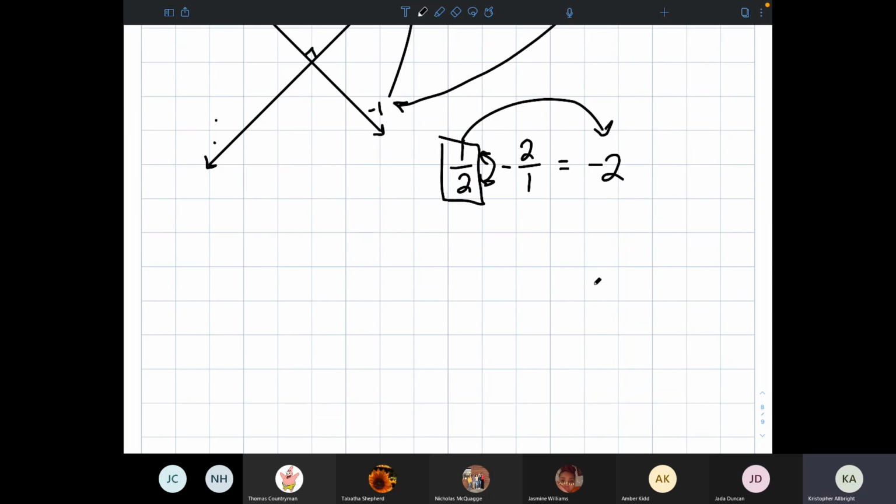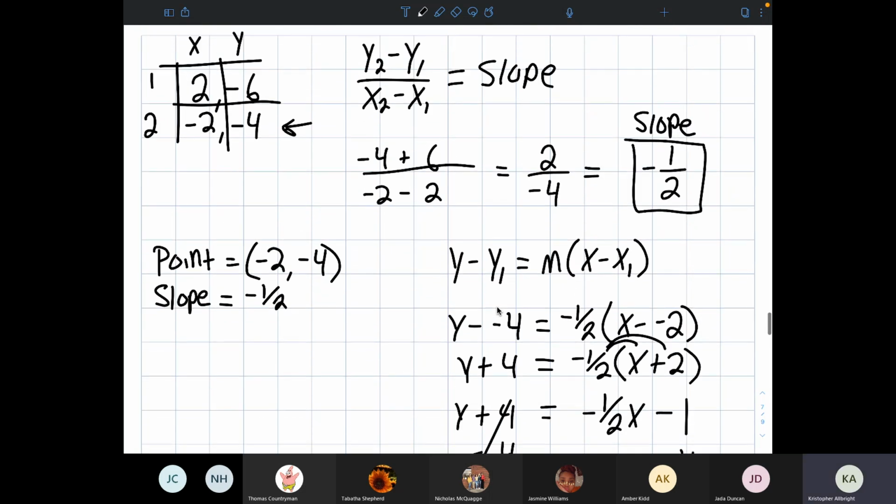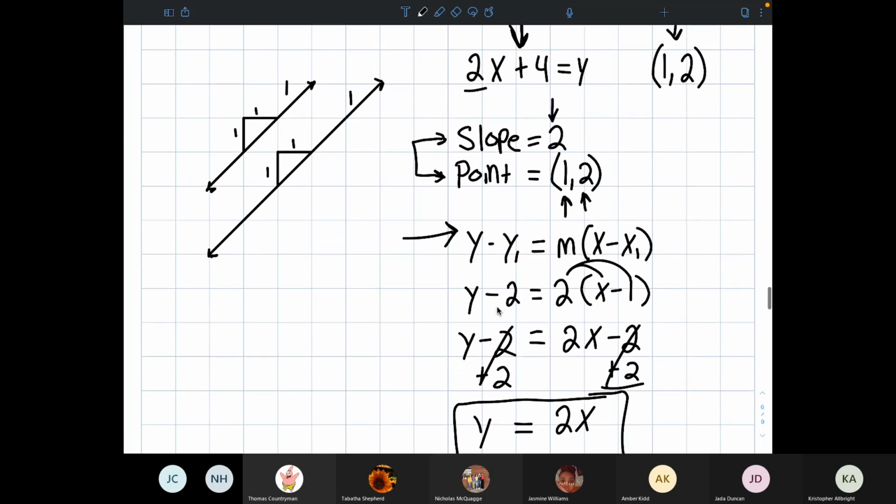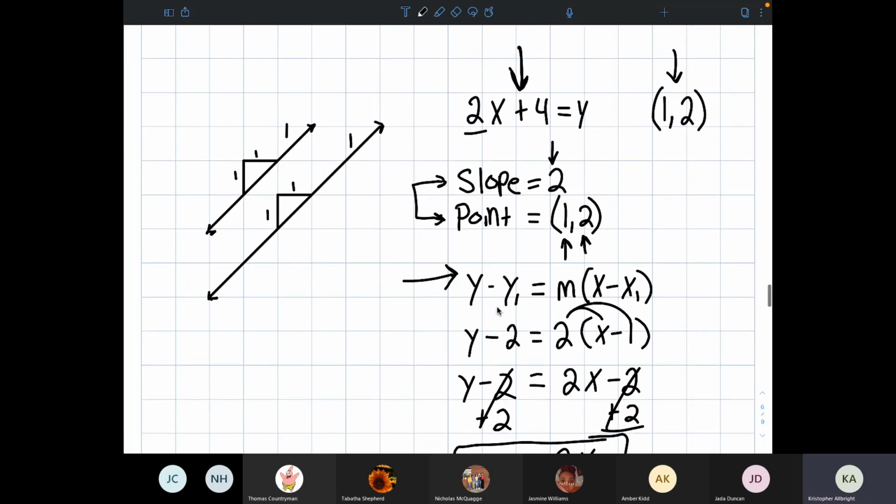So these problems are going to work exactly like the parallel slope lines. You just have to change your slope from the same slope to a perpendicular slope. So if up here, instead of wanting a parallel line to this, we wanted a perpendicular line, the only thing we would change is we would take our slope here and flip it to be -1/2.